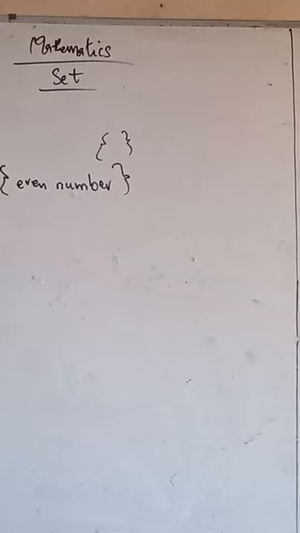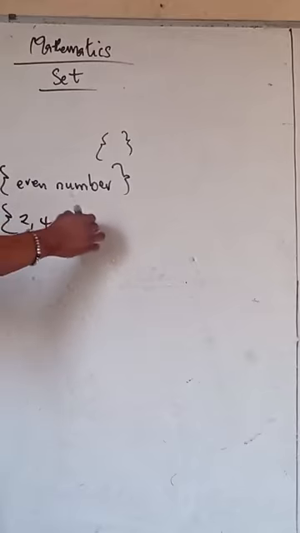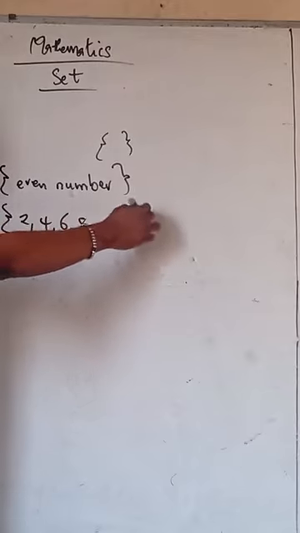What it requires us to do is, as set A, list out all the even numbers. It will be A, you put your symbol, and the even numbers you have there are 2, 4, 6, 8, 10.